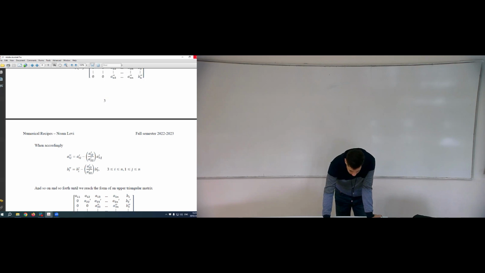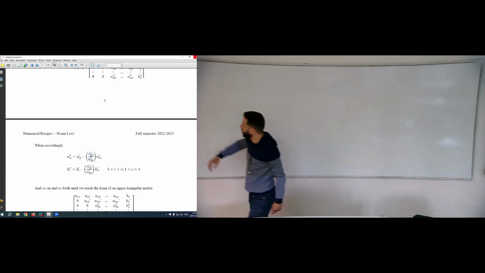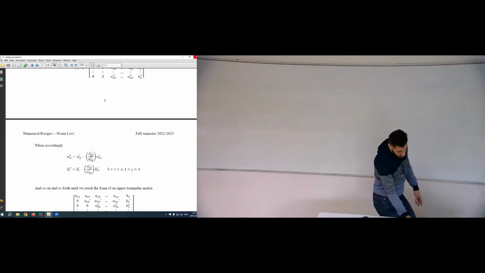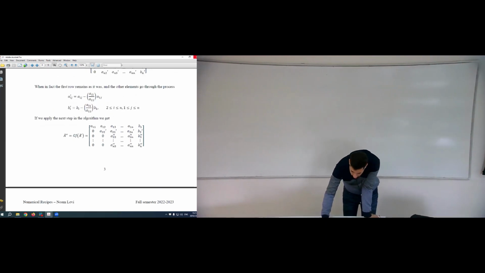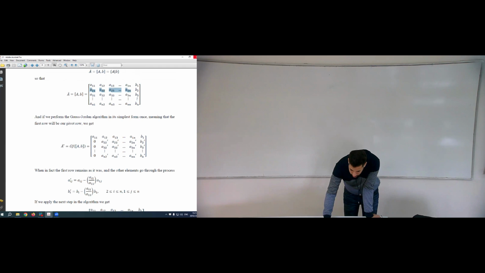And as you see, it always depends on the diagonal terms, or the diagonal elements. We used A11 in order to nullify all of these, and now we use this term, which is on the diagonal, to nullify all of these.